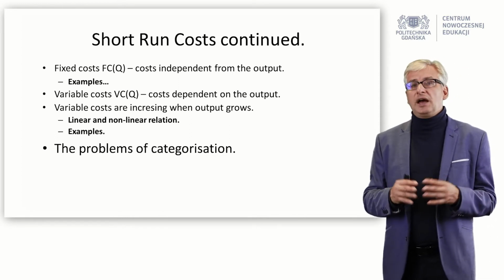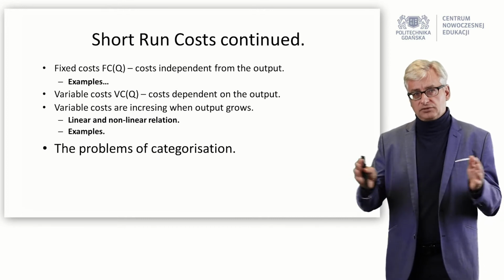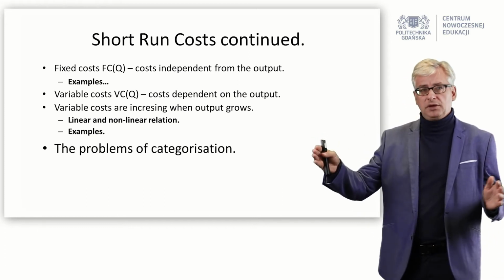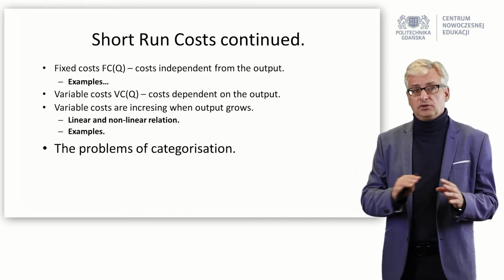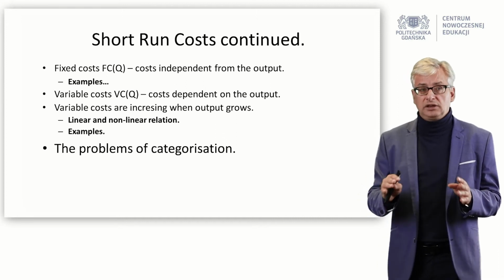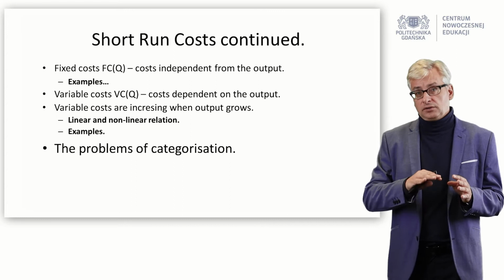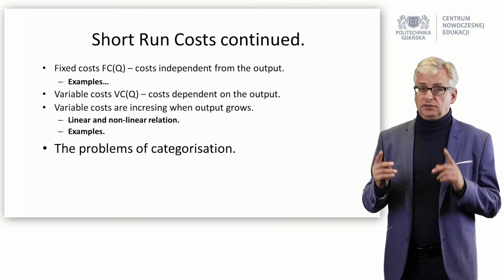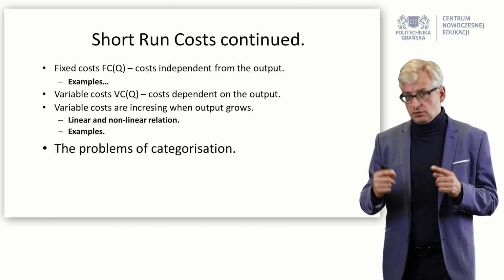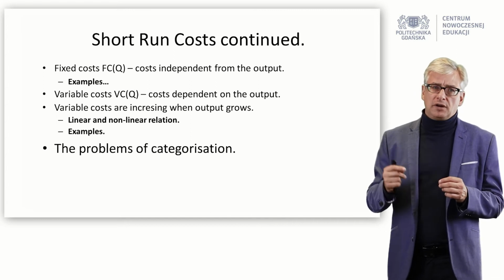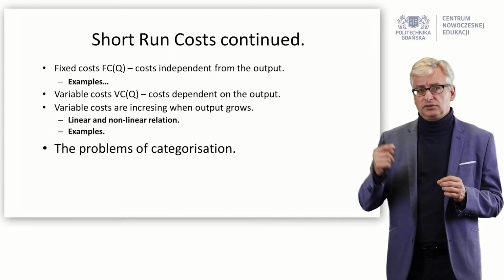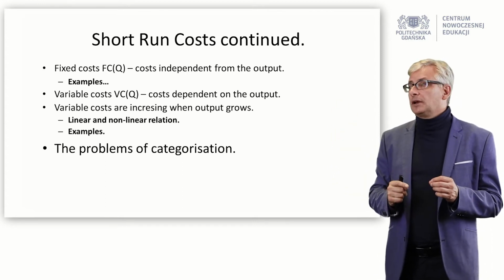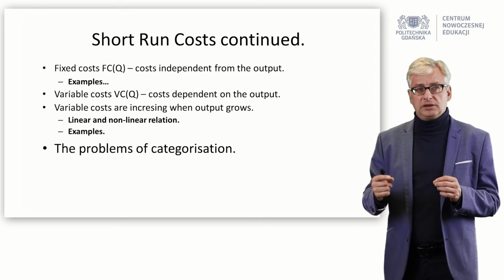In fact, if you analyze a range of production that is long enough, so you trace from very small production to a very big production, you will see that variable costs are not linear. They have the tendency of growing first slowly and then quite quickly. This simplification and ignoring the fact that variable costs do not increase in a linear way, but may actually grow faster than linear, poses a certain threat to many businesses, right?